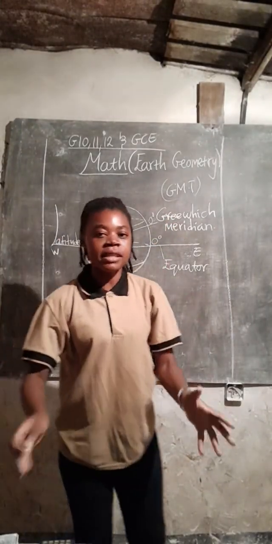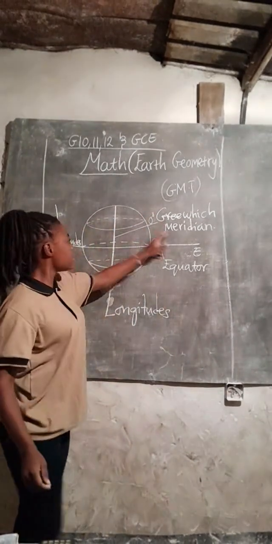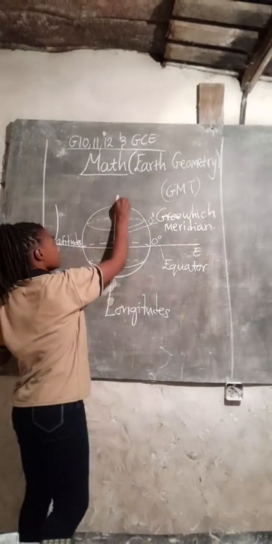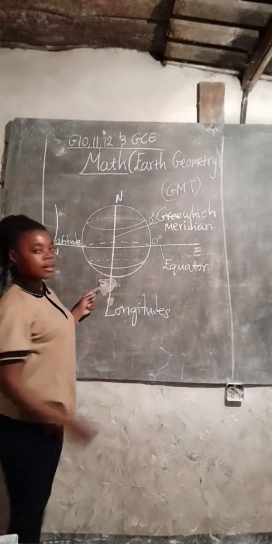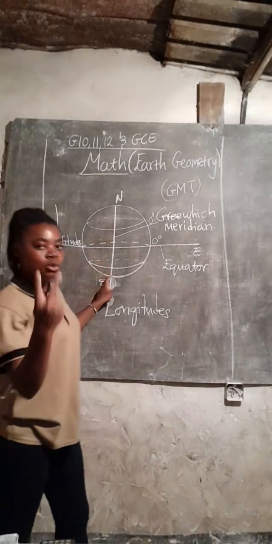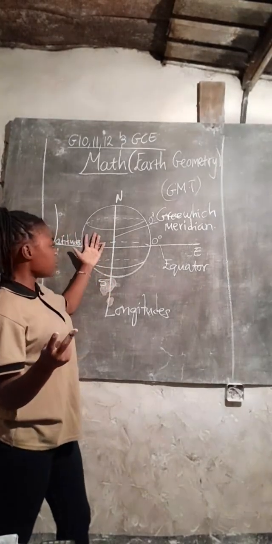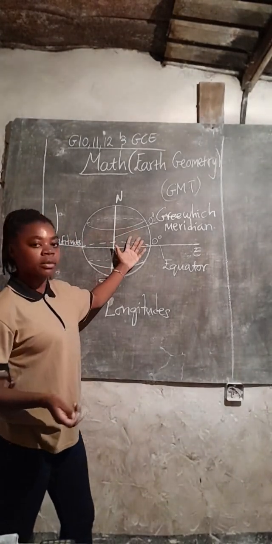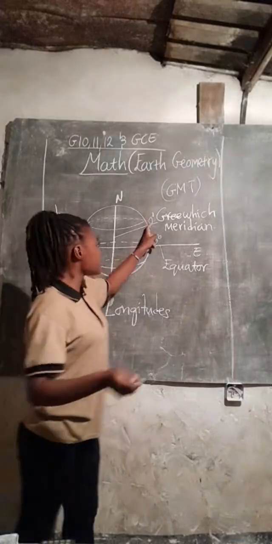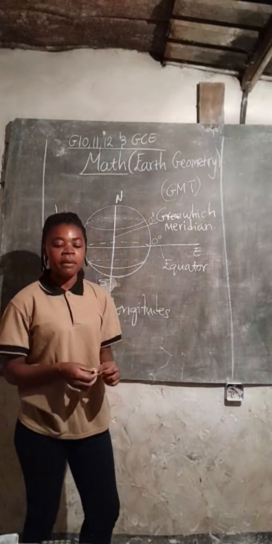So for now, Grade 10s, we're saying the Greenwich meridian is this first line that I've drawn, which is running from north to south. This first line divides the earth into two parts, the west and the east. Again, this same line, the Greenwich meridian, is at 0 degrees.